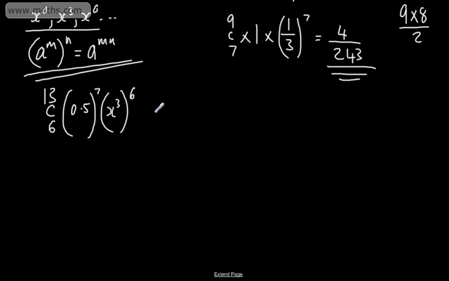So all we need to do at this stage right here is simply do 13C6, which I'll do on a calculator, multiplied now by the value of 1/2 to the 7th, which is 1/128. You don't have to work that out, you can just put it into a calculator.